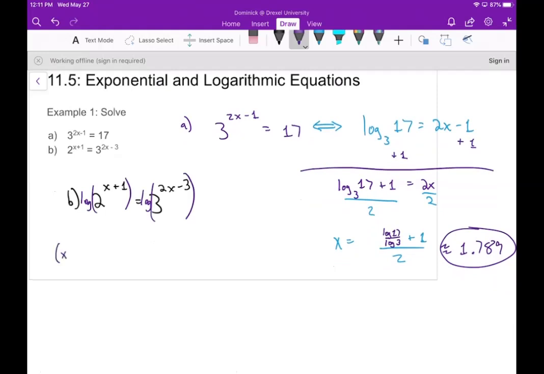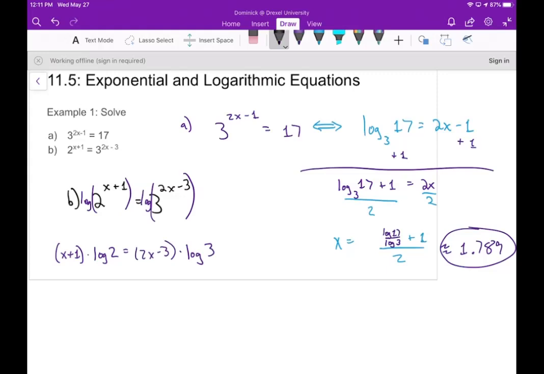So I'm going to get x plus 1 times log of 2, and then that equals, sorry, I'm going to get 2x minus 3 times log of 3. All right, so now we have x's on both sides. So let's go ahead and distribute, and then we'll get x by itself.